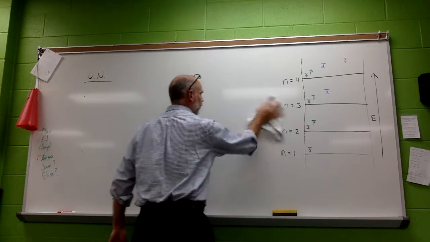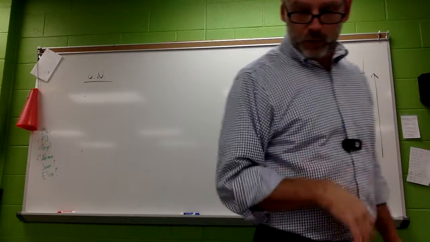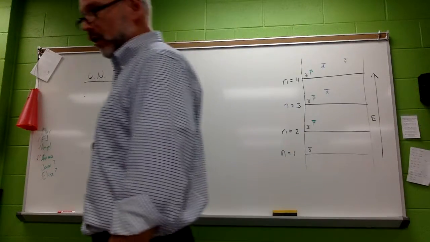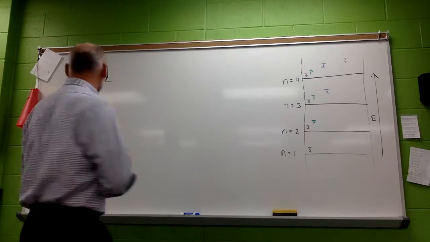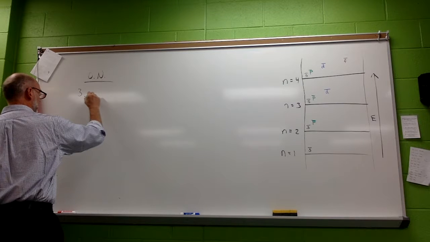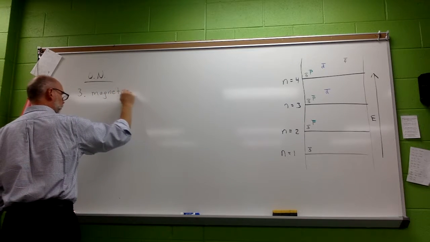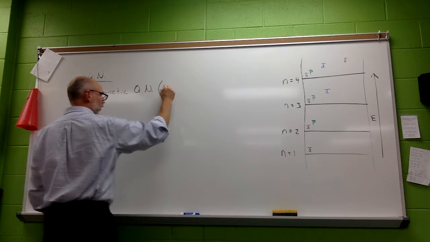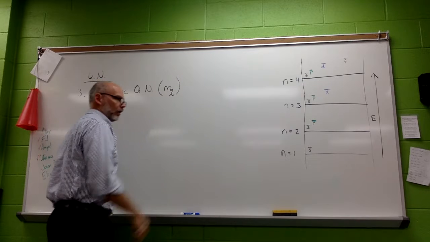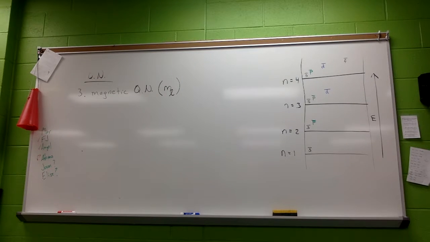And now it's all going to start coming together, I hope. Next is what we're going to call the magnetic quantum number, which we're going to use an M sub L for its symbol.